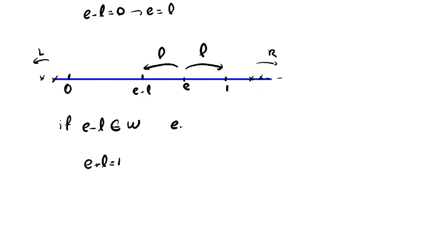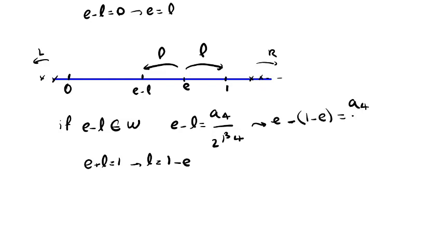So we can say e minus L is, for example, a4 over 2 to the beta 4. And L is 1 minus e. So if I replace here, it will be e minus (1 minus e) equals a4 over 2 to the beta 4. Then we can say 2e equals (a4 plus 2 to the beta 4) over 2 to the beta 4, so you can divide by 2. It will be (a4 plus 2 to the beta 4) over 2 to the power beta 4 plus 1. And we see it has the same form.